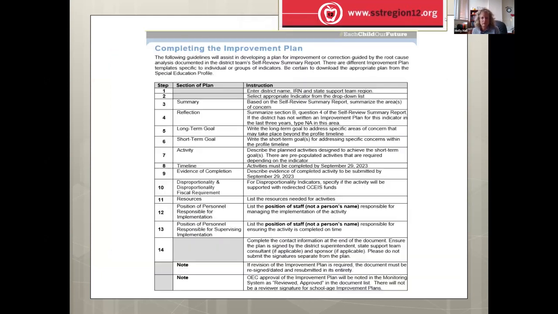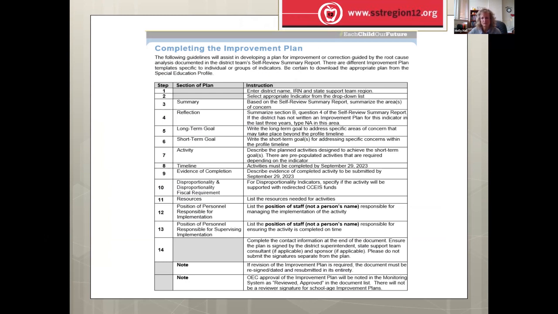So all of these are very general guidelines for completing the improvement plan. Like I said, this is very general guidance. This would apply to each one of our indicators.